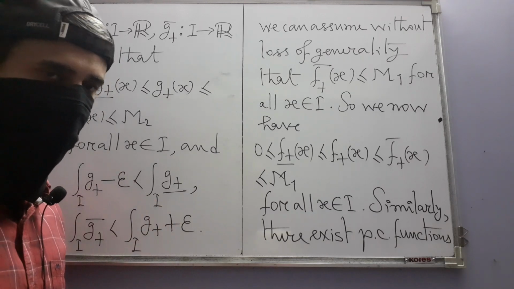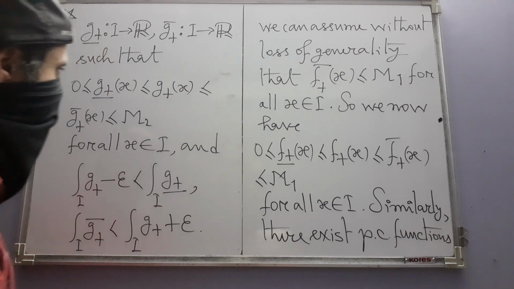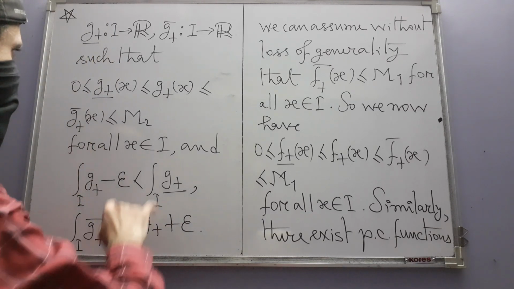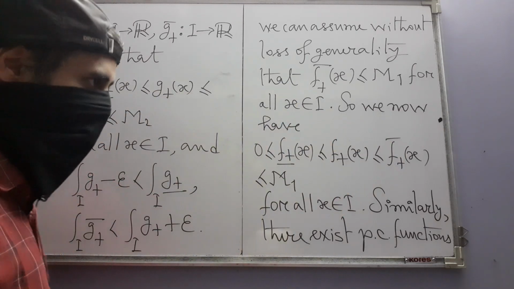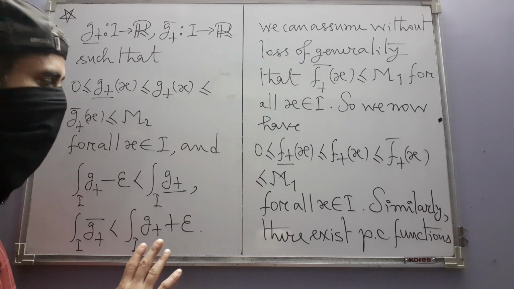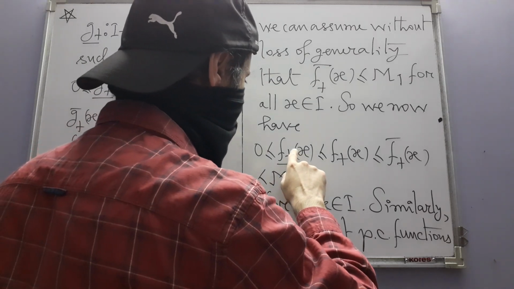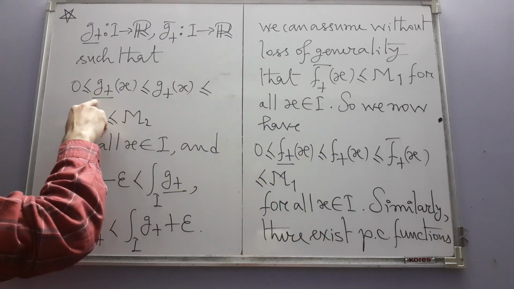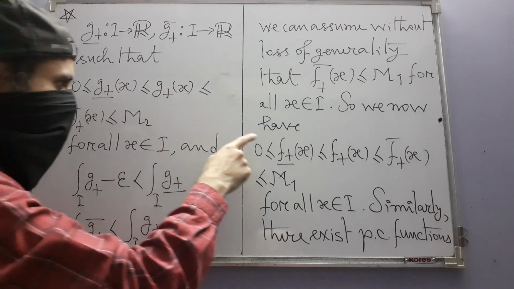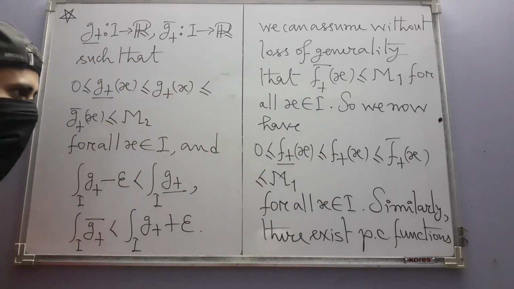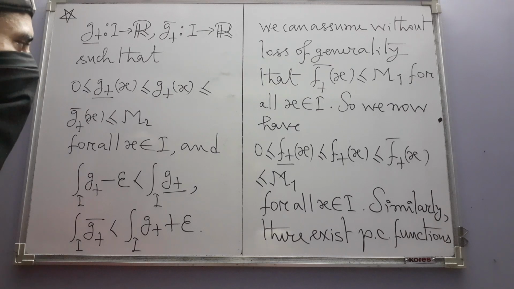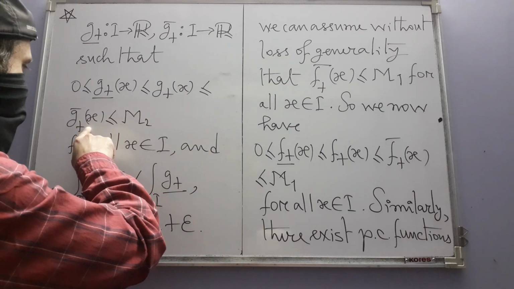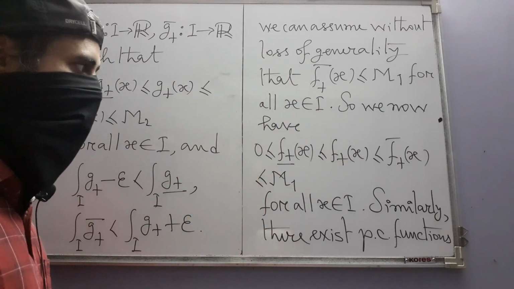I will multiply these inequalities: f plus underscore with g plus underscore, f plus with g plus, and also g plus bar and f plus bar.